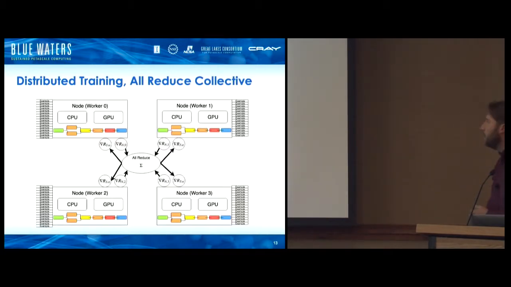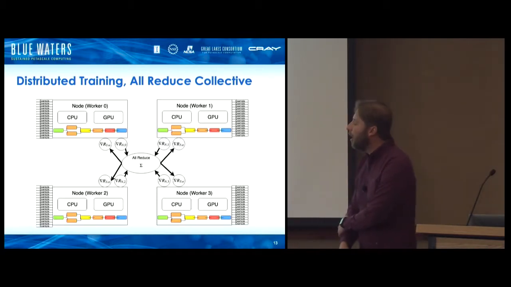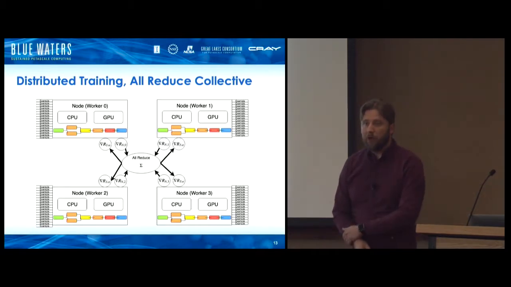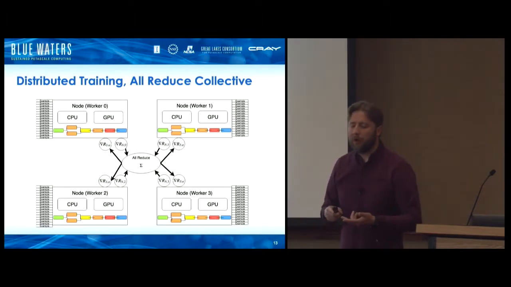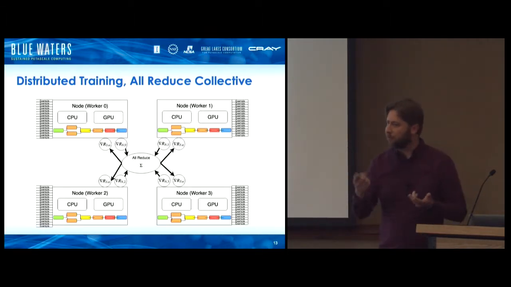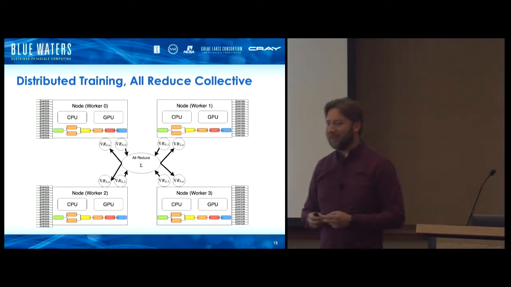Okay, in HPC, the best way to do this is with all reduce collectives, packages like Horovod and the Cray ML plugin, which are both on Blue Waters. This is what they do, the default out of the box. PyTorch also by default has some MPI that's working, I think.